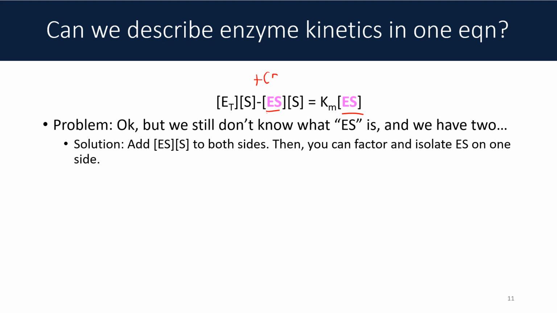Plus ES S, and this will all cancel out. Plus ES S. Now, once we do that, we can again factor out that ES term once again. And this is what that will look like.